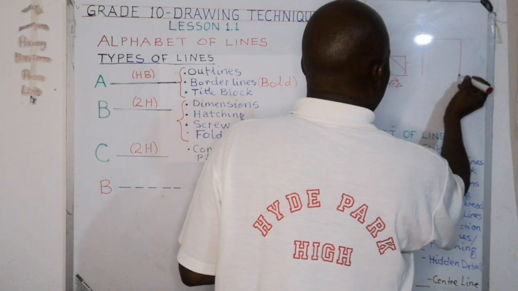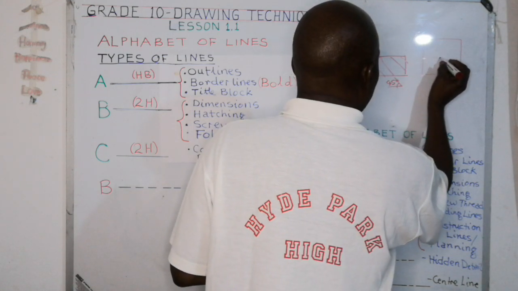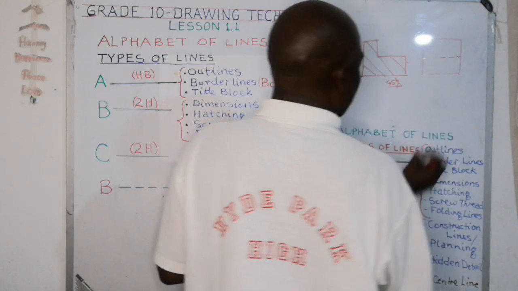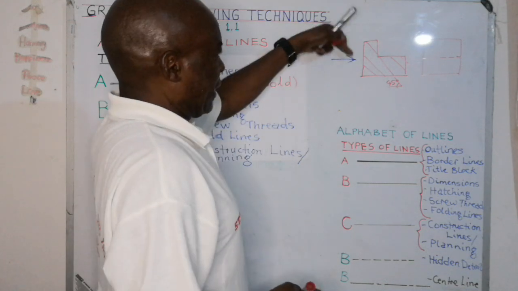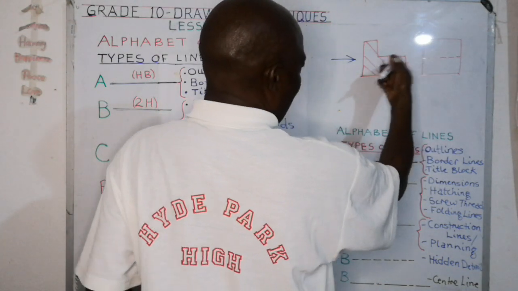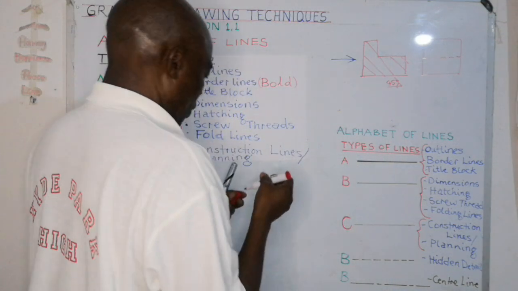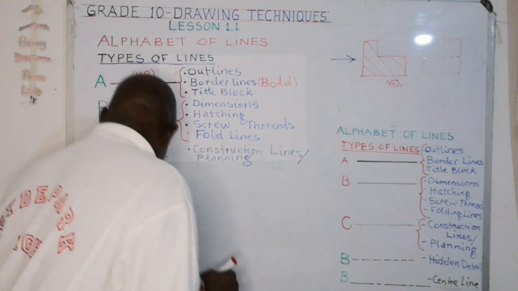Let's say that's the width there. And then you've got hidden detail like that. You see that? You have shown that side there. But if you are looking from this side, you'd see this as a solid line. You see that? So that's what is meant by hidden detail.